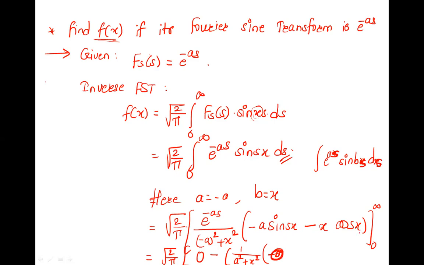Cos 0 is 1, minus x into 1, so minus x. This minus minus becomes plus, so your answer is root 2 by pi, x upon x square plus a square.